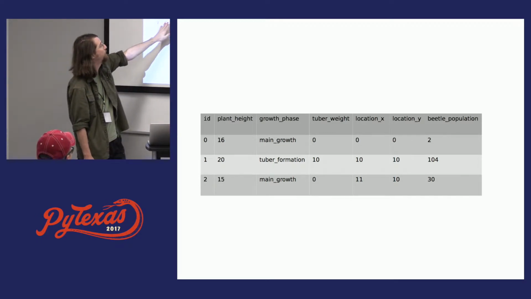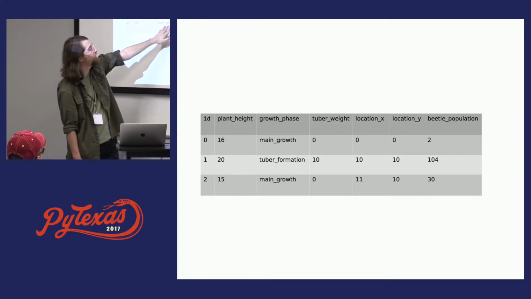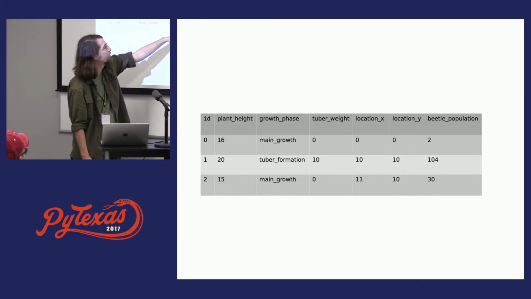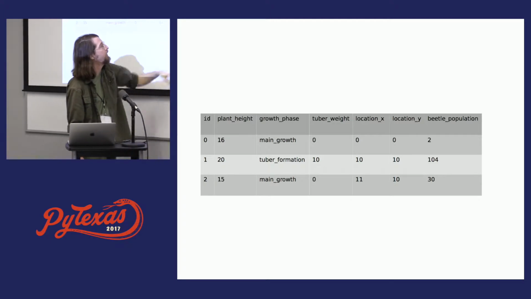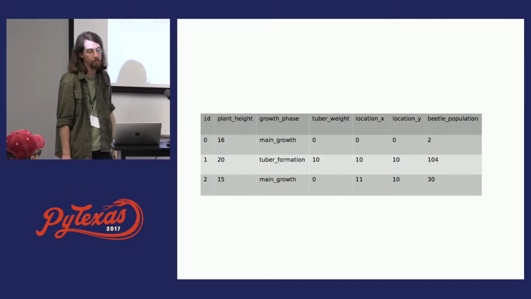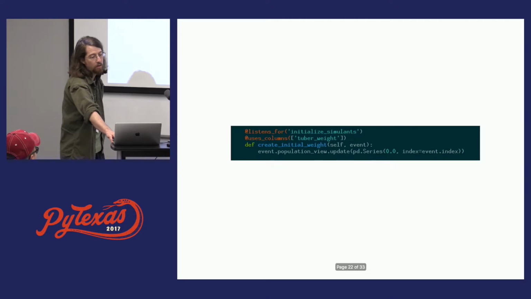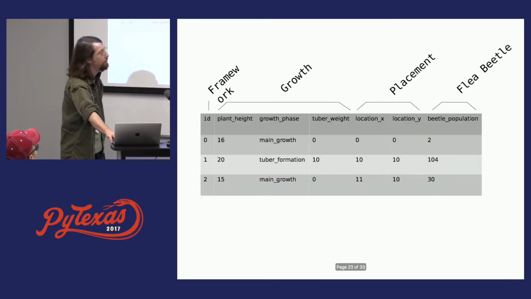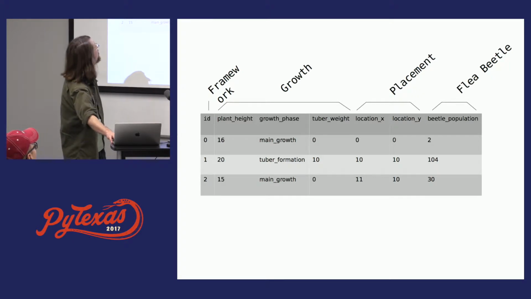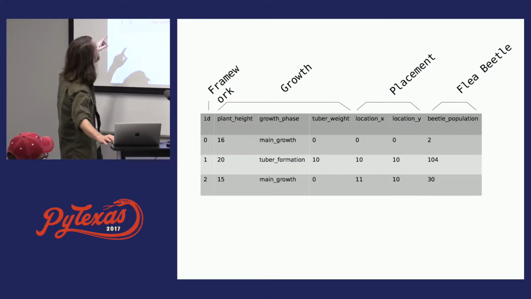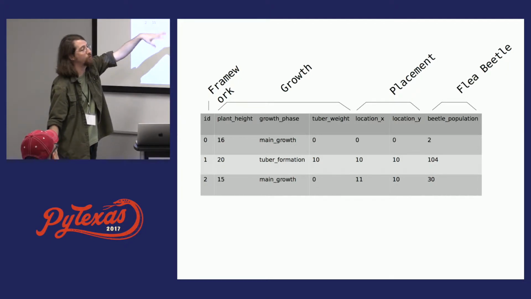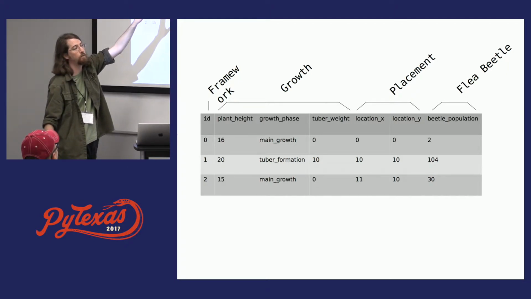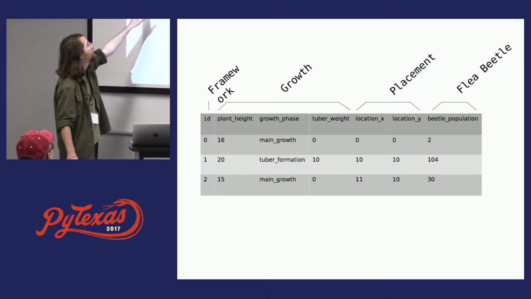So plants are a particular size. They're at a particular place in their life cycle. They've grown a certain amount of potatoes, like tuber weight. They're in a particular location, and they have some level of infestation with a pest that we're going to model. This is sort of how these relate to the groups that I showed earlier.